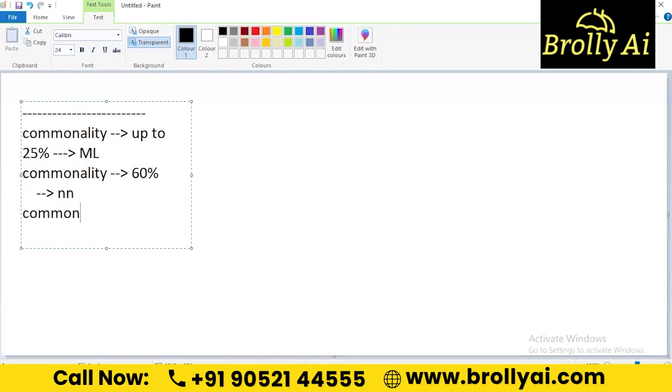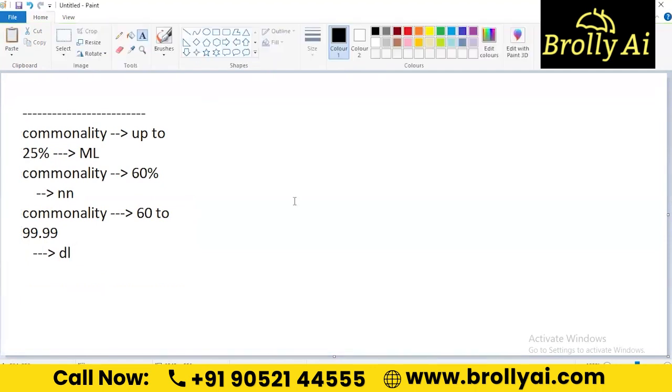If commonality is greater than 60, that means 62 up to 99 point something, then you have to proceed with deep learning. In that way you can choose which technique to use for a particular scenario. That depends on the commonality, and you can take the decision.